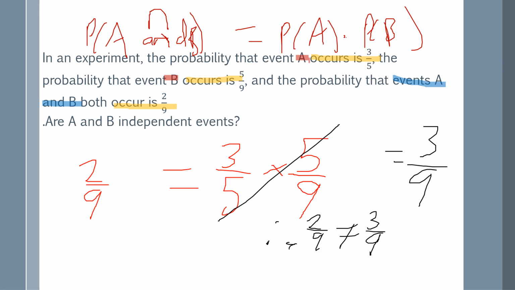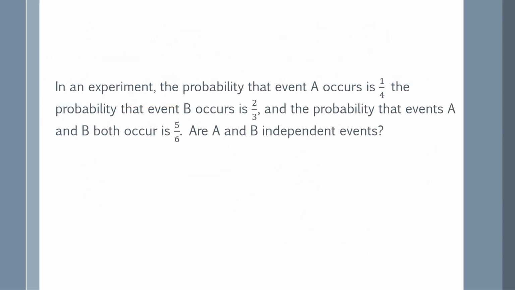So when you multiply A times B, does it equal A and B? All right, let's do another one so you can feel a little bit better. Do as we did and see, do you have independent events? Try it out.